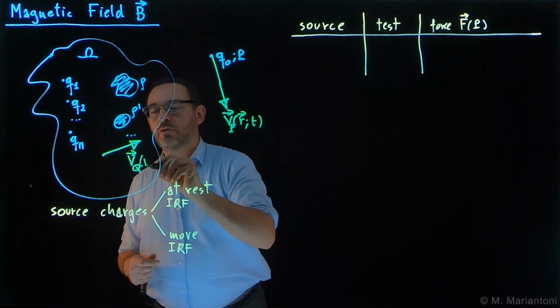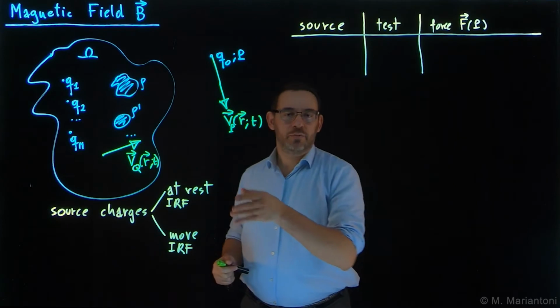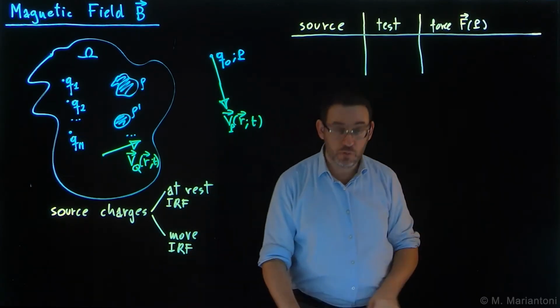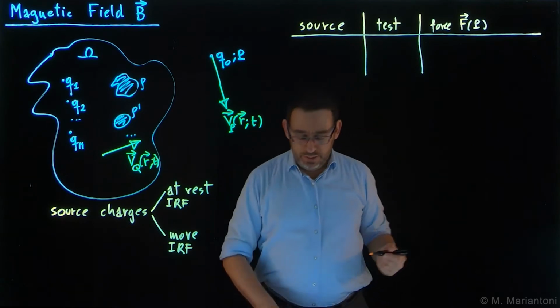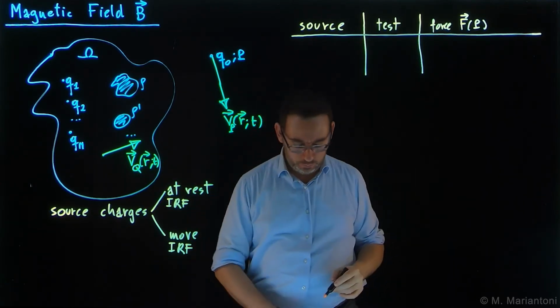Similarly here, this can be function of position and time. These are the velocities, which again, if they're 0, it means these particles are at rest. If not, they're moving.